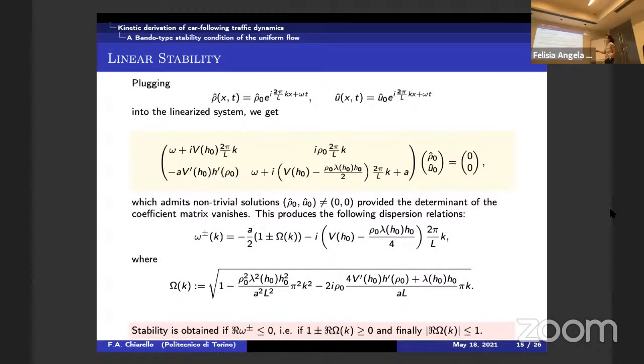We can choose the perturbation like this, and put it into the linearized system, obtaining these not very nice computations, but at the end we can say that the stability is obtained if the real part of this omega is less than or equal to 0.